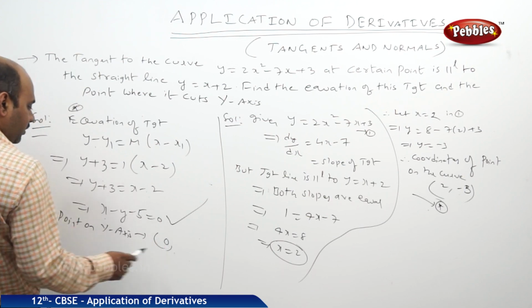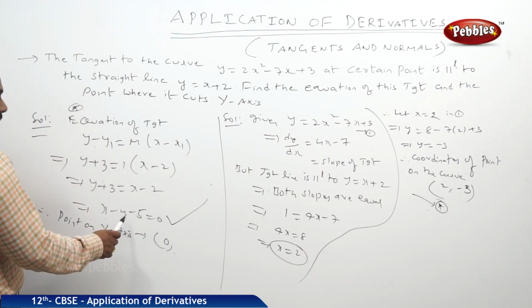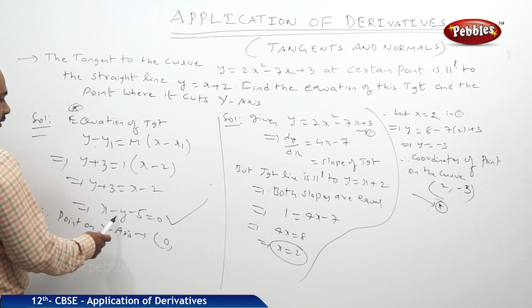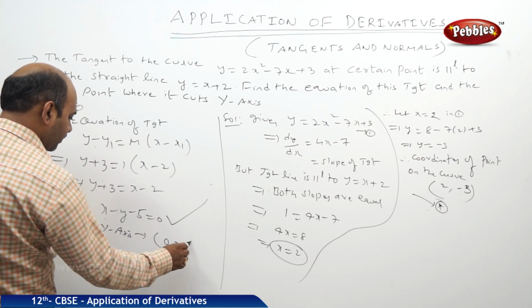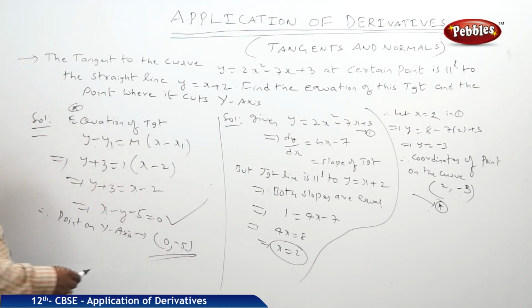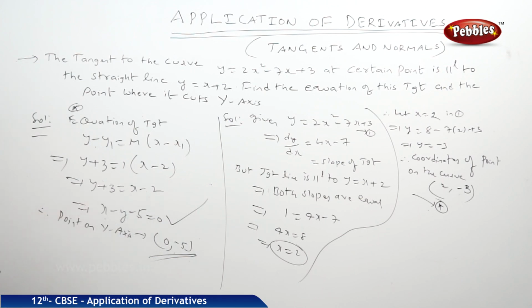Then I get minus y minus 5 equal to 0. That means minus y is equal to 5. The y value will be minus 5. So the point on the y-axis will be 0 comma minus 5 and the equation of the tangent will be x minus y minus 5 equal to 0. Please note.